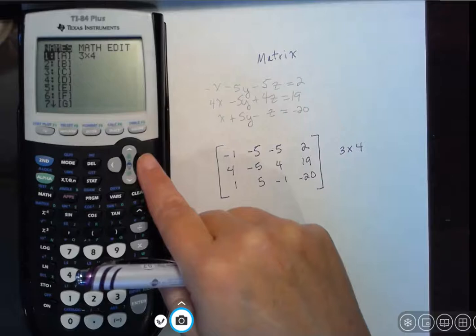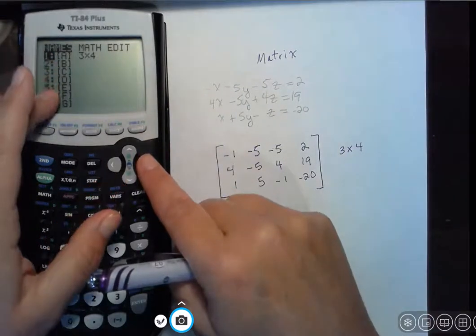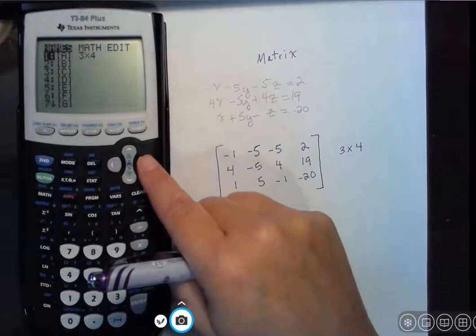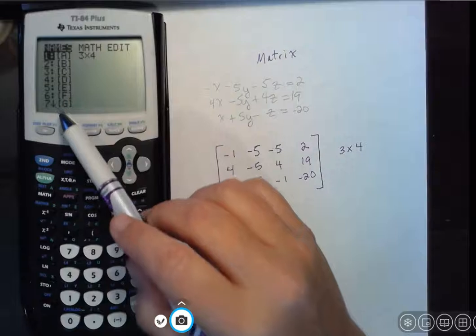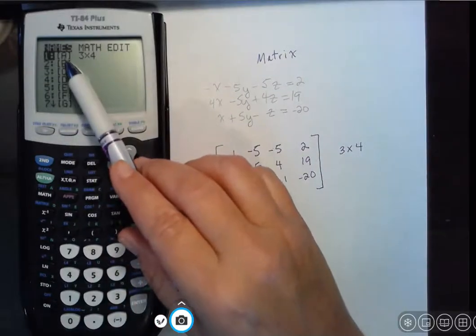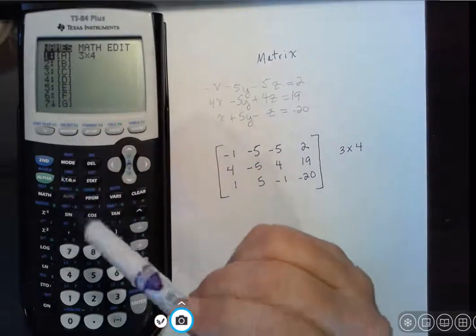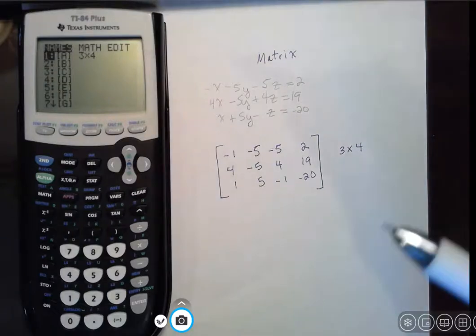Notice there's all these letters here, A, B, C, D, E, F, G. And these are names of a matrix. So this matrix is named B, and this is just for convenience to recall the matrix that we will input into our calculator.